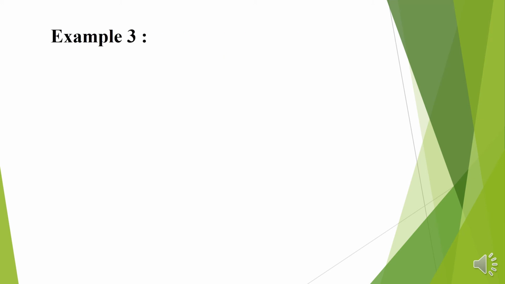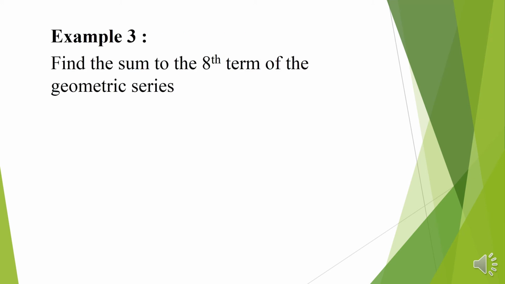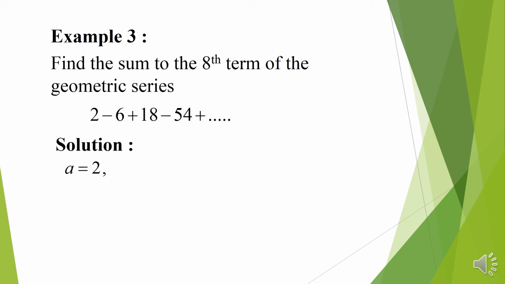So let's move to example 3. Find the sum to the 8th term of the geometric series 2 minus 6 plus 18 minus 54 plus so on. So let's see the solution. We get a, the first term, equal to 2, and next is r, which is negative 6 over 2, and we get negative 3.